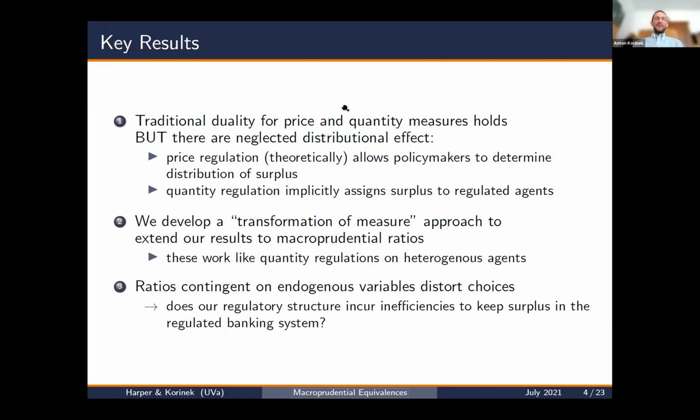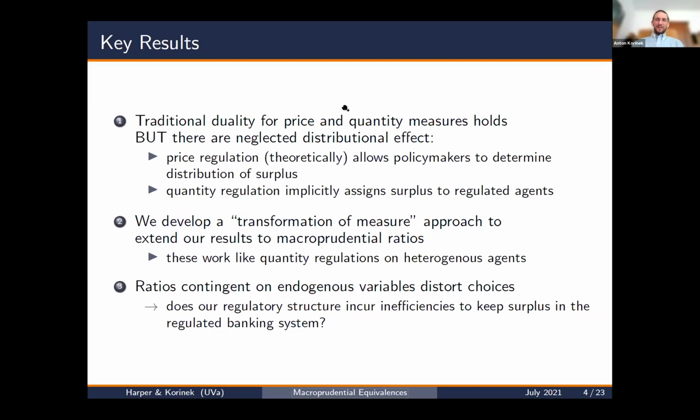And the parting thought with which we will leave you is whether the heavy focus on regulatory ratios is perhaps to some extent because our regulatory system is willing to incur the inefficiencies generated by ratios so that the regulated banking system can keep the surplus emanating from the regulation.